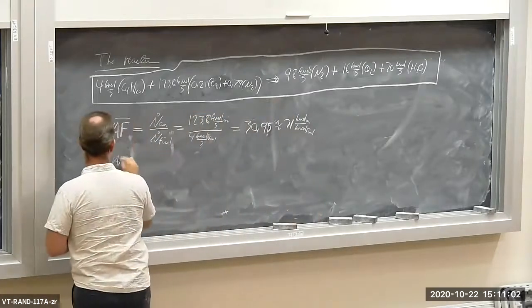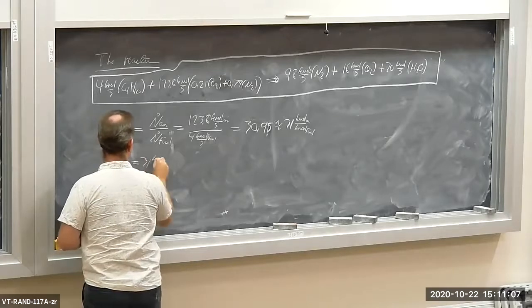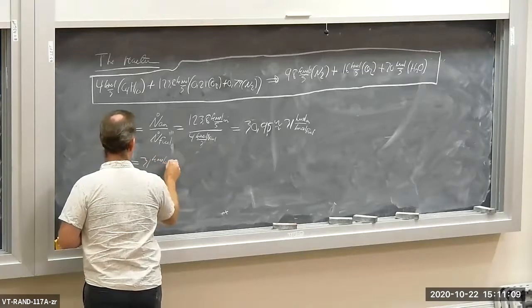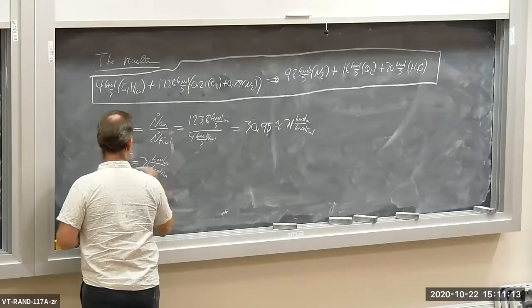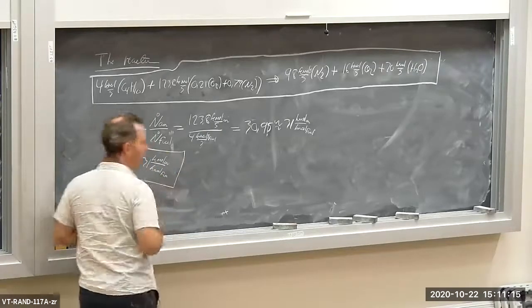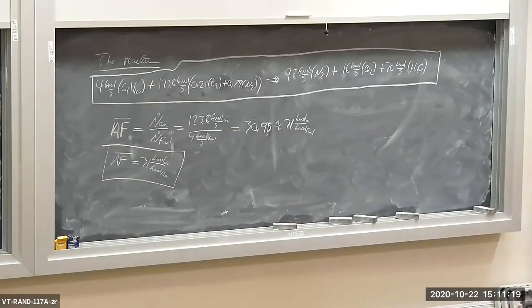So air-fuel on a per mole basis is 31 kilomole of air per kilomole of fuel. That's our air-fuel ratio. It tells us how much air we have to mix in per unit fuel to achieve this chemical reaction in this problem, okay?